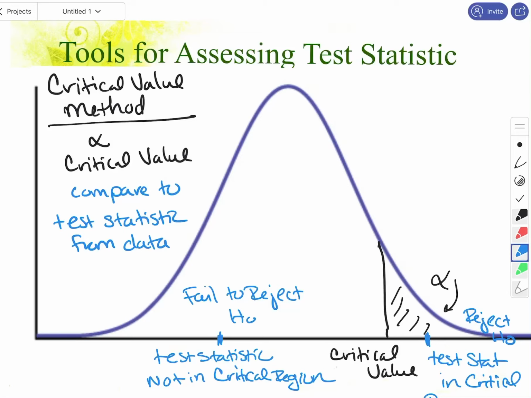I strongly recommend that you do a quick sketch of the bell curve and plot your alpha and your critical value, and then you can compare this test statistic pretty easily.